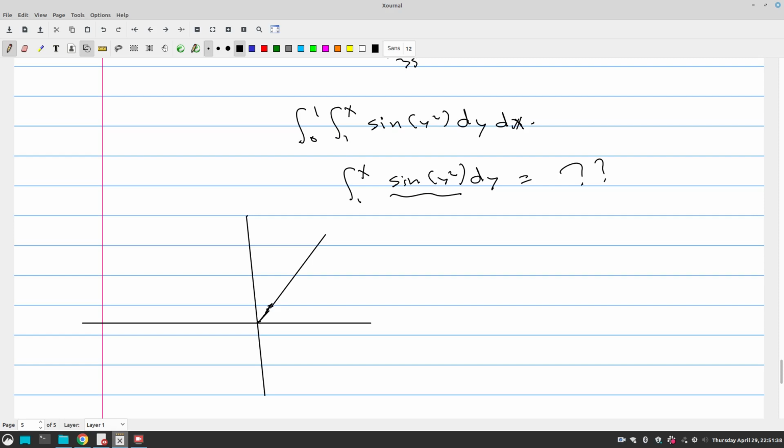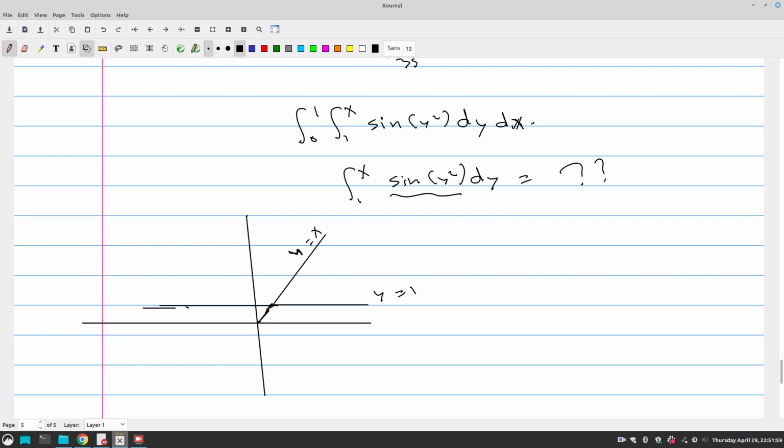In fact we should sketch the curve y is equal to 1 and this is y is equal to x. This is y is equal to x and this is y is equal to 1.